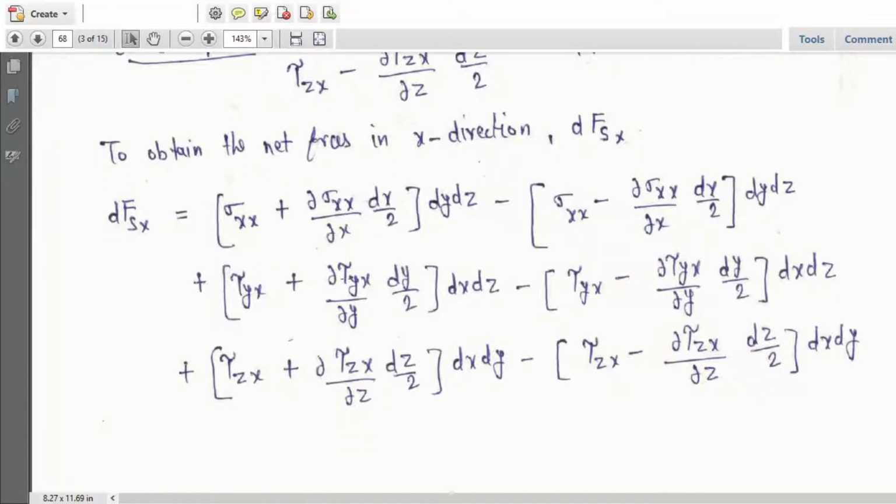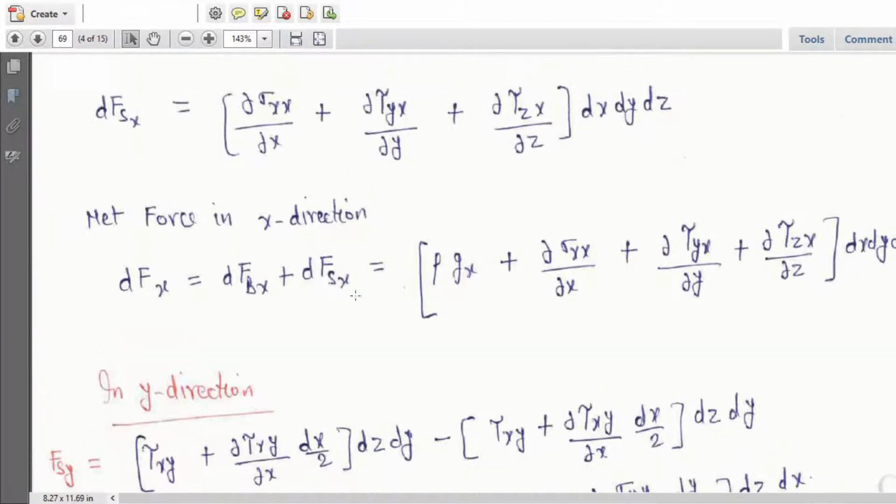If we simplify this, we get dFx equals (∂sigma xx/∂x plus ∂tau yx/∂y plus ∂tau zx/∂z) dx dy dz, where dx dy dz is the differential volume.